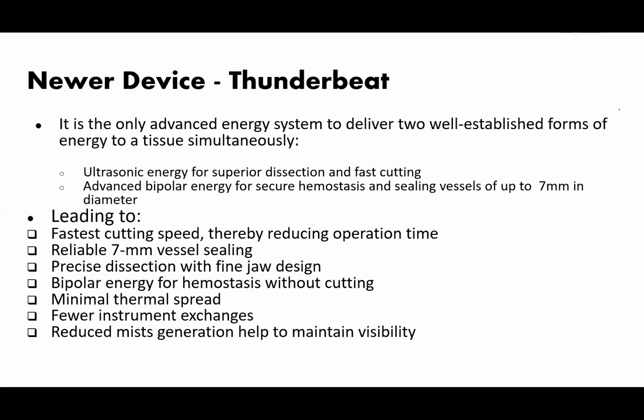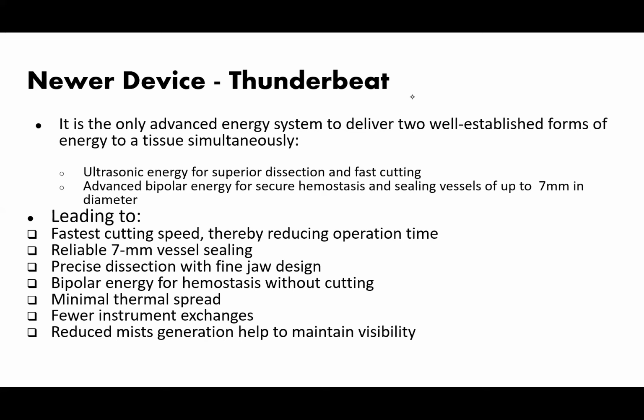Now, we've seen our conventional energy sources as well as the advanced energy sources. Now, what is a newer device that has both a combination of the harmonic and the advanced bipolar?